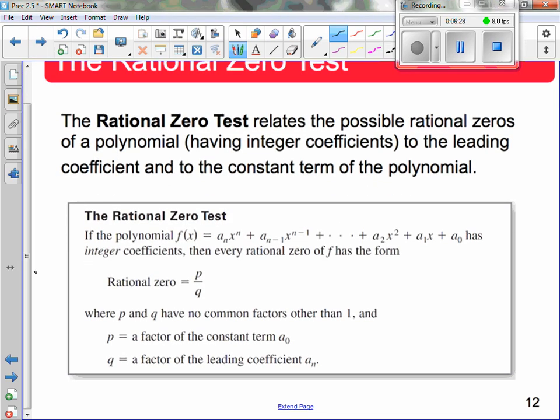The rational zero test relates the possible rational zeros of a polynomial function to the leading coefficient and to the constant terms of the polynomial function. Rational zeros are plus or minus p over q, where p are the factors of a naught, and q are the factors of the leading coefficient a n.